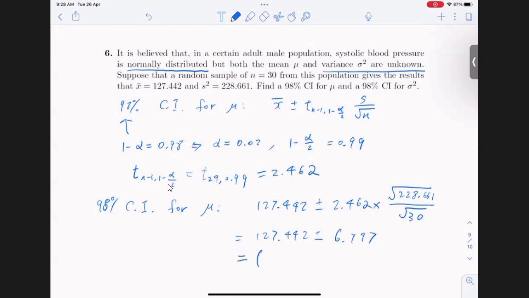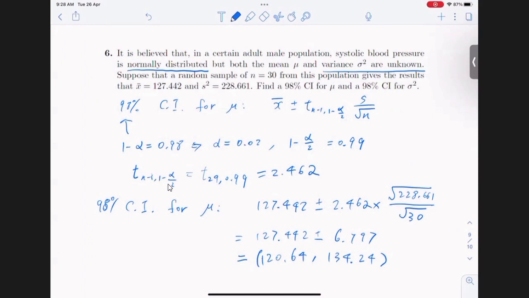Expressing this in the form of an interval, it is from 120 something to 134.24. Okay. So this is a typical way we can find the confidence interval for the mean in case the population is known to be normal and the variance is unknown.